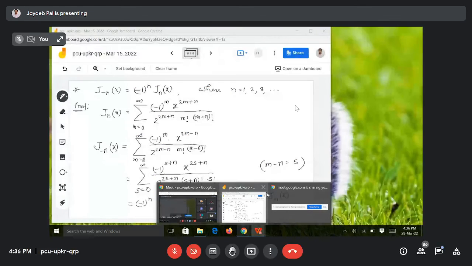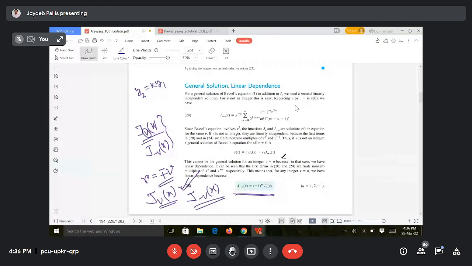I am talking about the solution of Bessel's equation. So J of nu x is one solution. For r is equal to nu, we got J nu x. Similarly, the other solution should be J of minus nu x. But you have to verify when they are dependent and when they are independent.